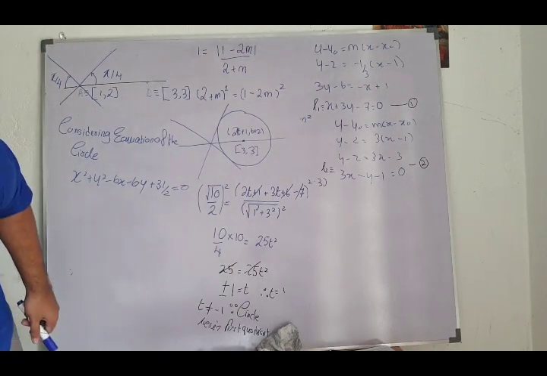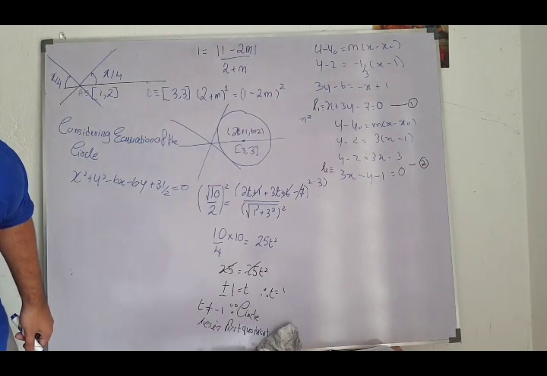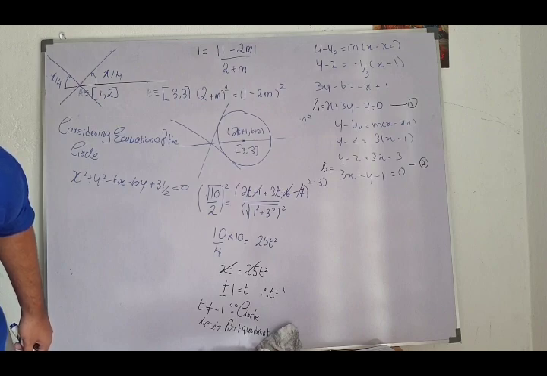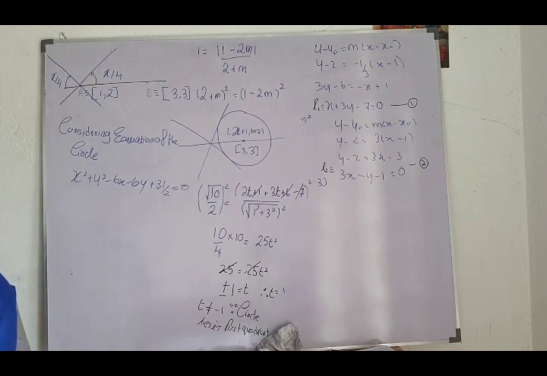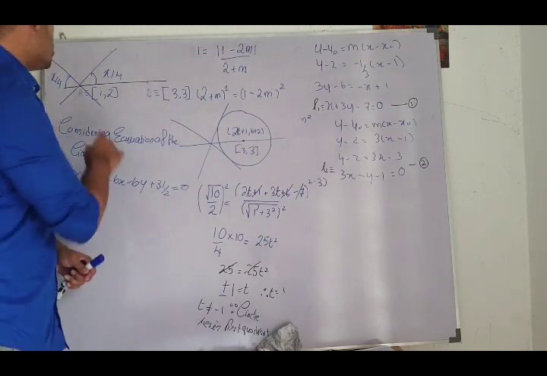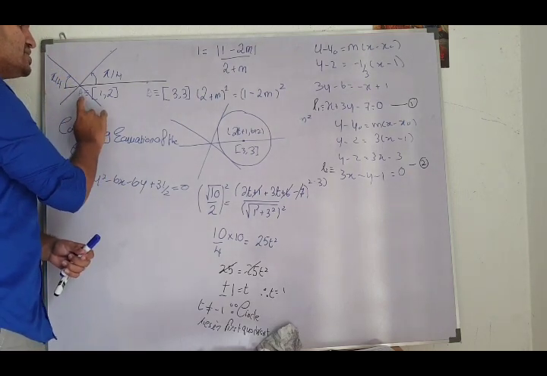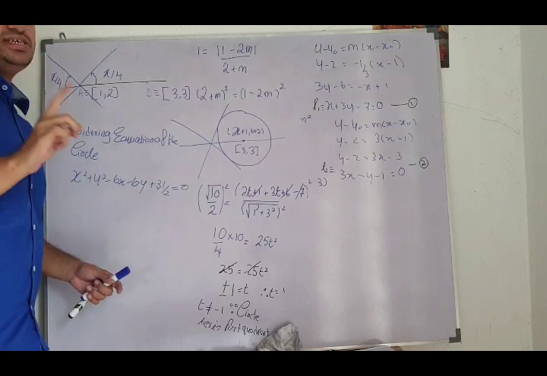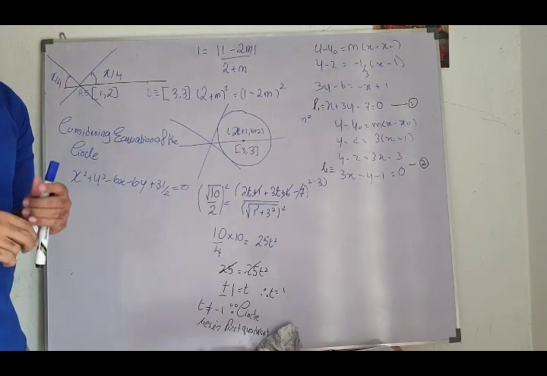So next question they ask you to find... So next thing what they are asking you to find is that you should consider A and B as the ends of a diameter of a circle.